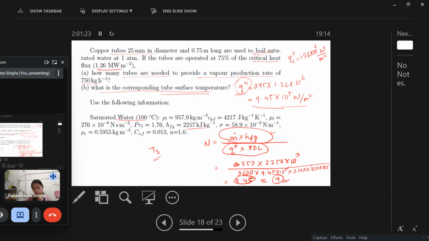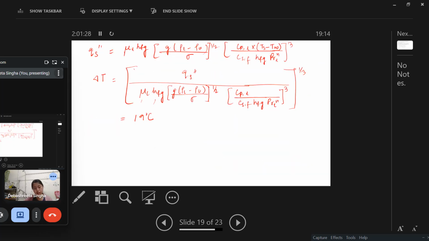Here I said that T infinity is the temperature of the water, but the water is saturated water, so the temperature is given already.